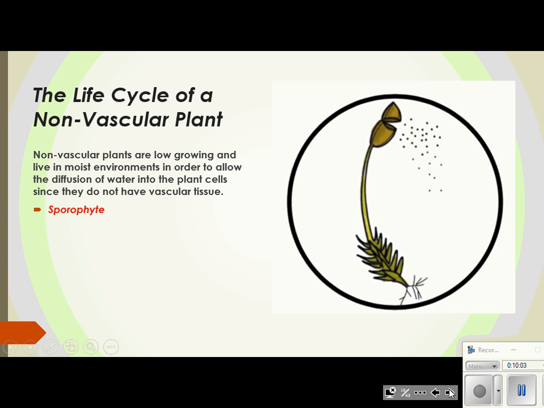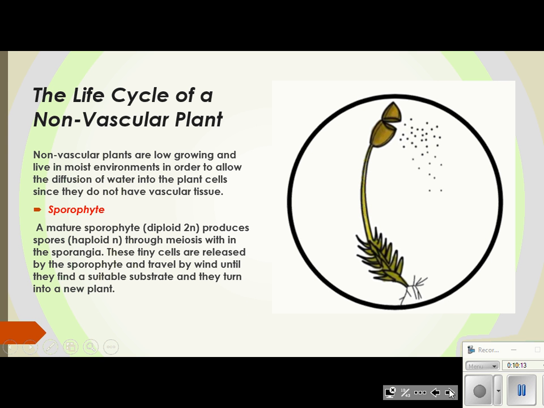A sporophyte. There's a section on that back page for sporophyte. A sporophyte is diploid, 2N. We talked about haploid, we talked about diploid, okay? A mature sporophyte, which is 2N, produces haploid spores through meiosis in the sporangia.